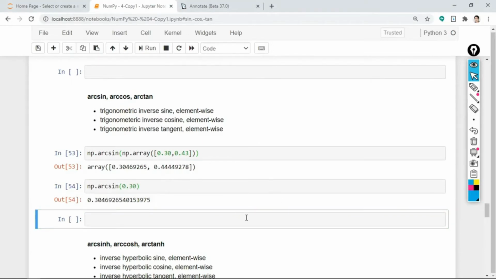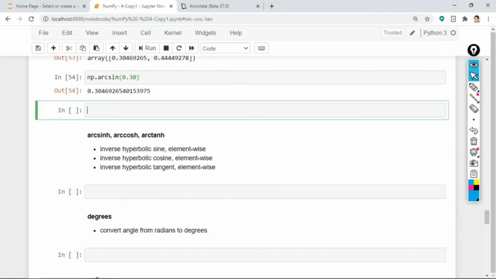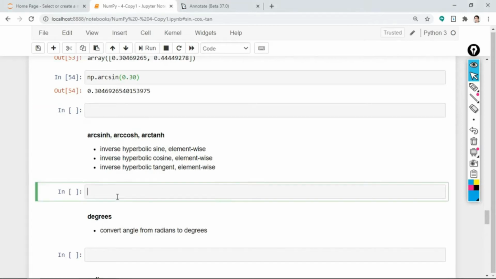In Python we also have the hyperbolic sine and cosine. Let's say we have this example problem: np.arcsinh. I'm only executing one, which is the sine.